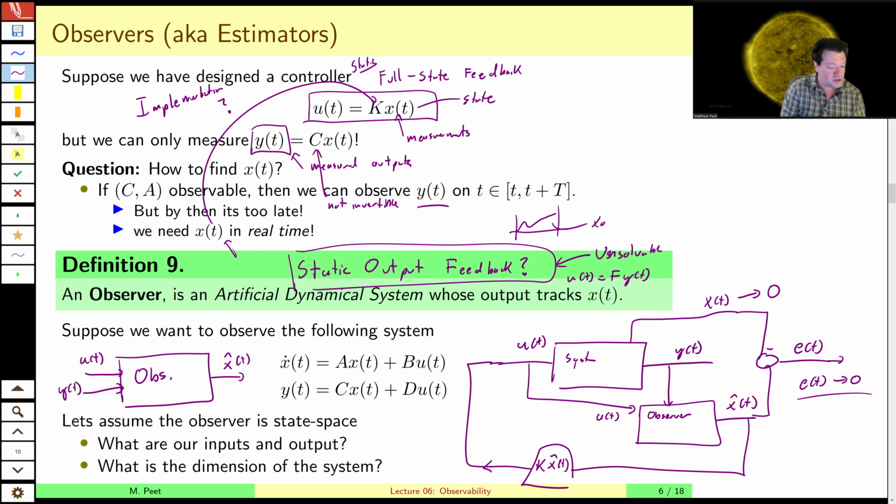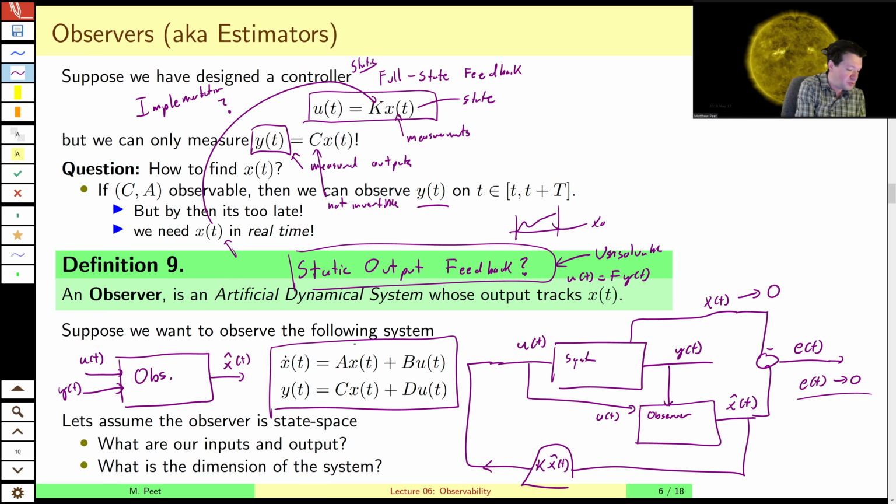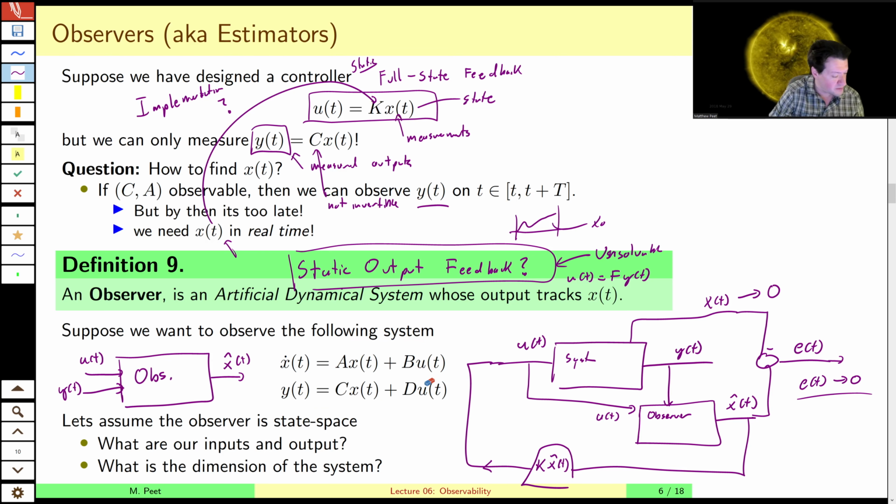So if it has dynamics, we assume those dynamics are linear, and that they have some state space representation with 4 matrices, A, B, C, and D. Now, on the next slide we'll show that these A, B, C, and D are not necessarily the same as the dynamics of the system itself. So what are the dynamics then?